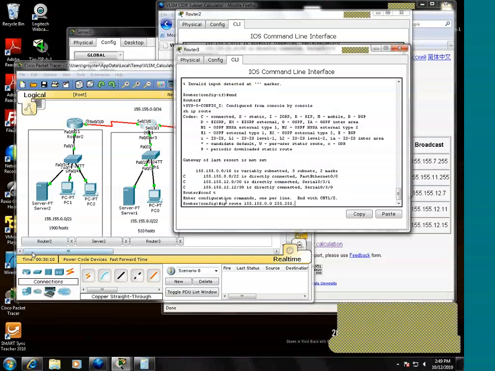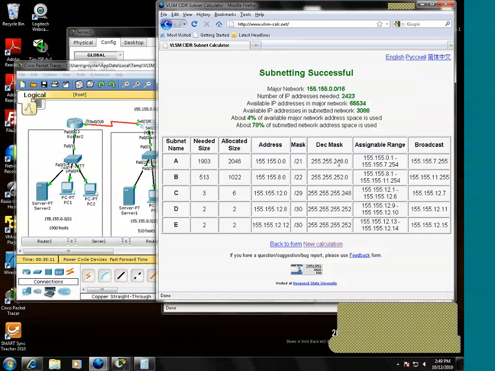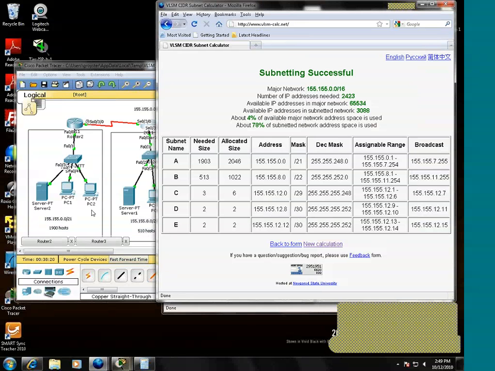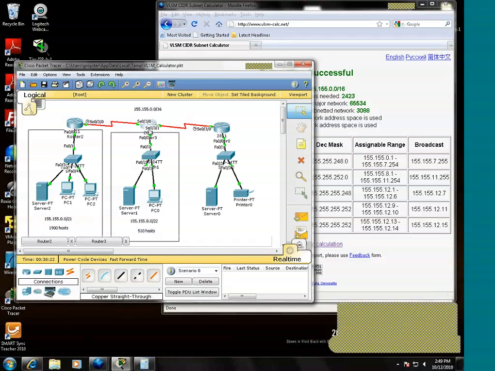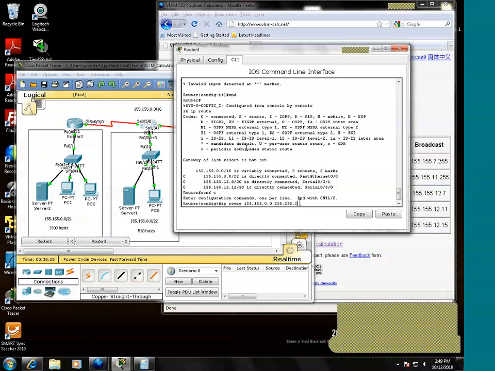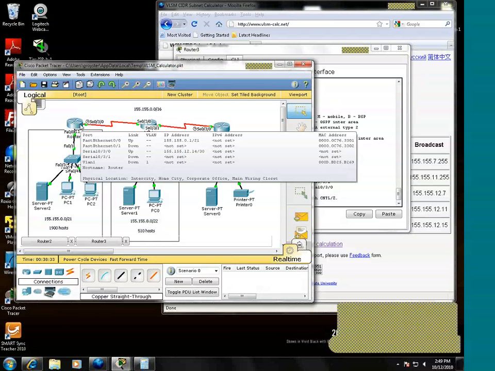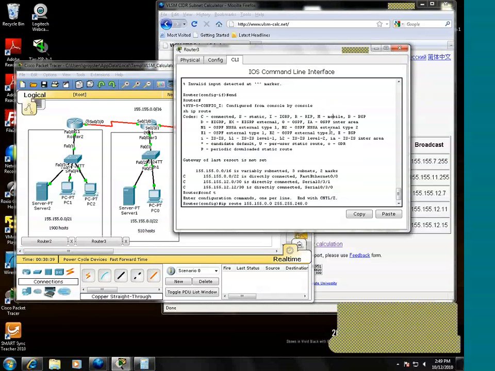It's a /21, and that converts to 248. And the IP address of the next hop, which would be this interface, is 12.14.